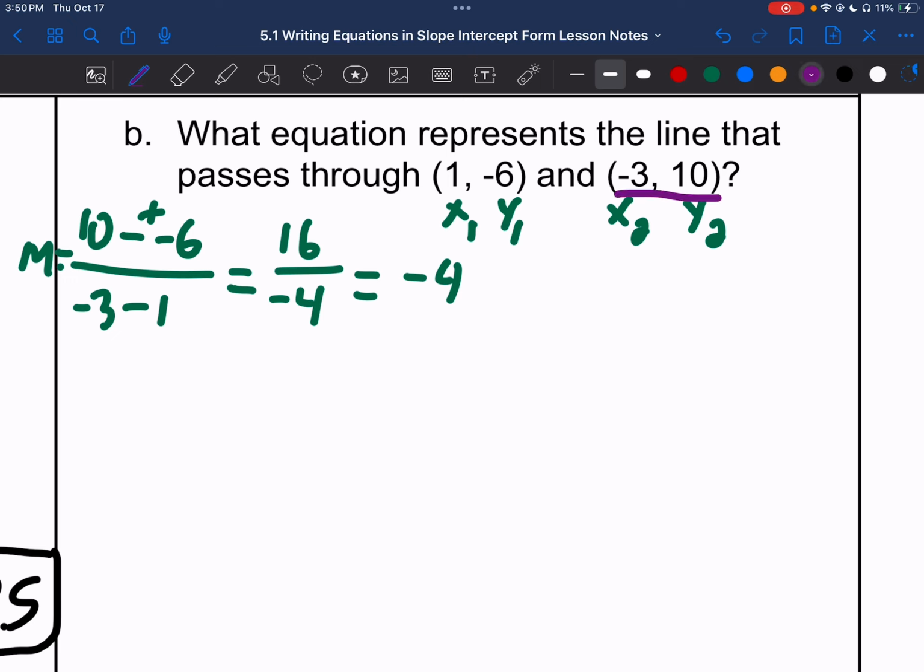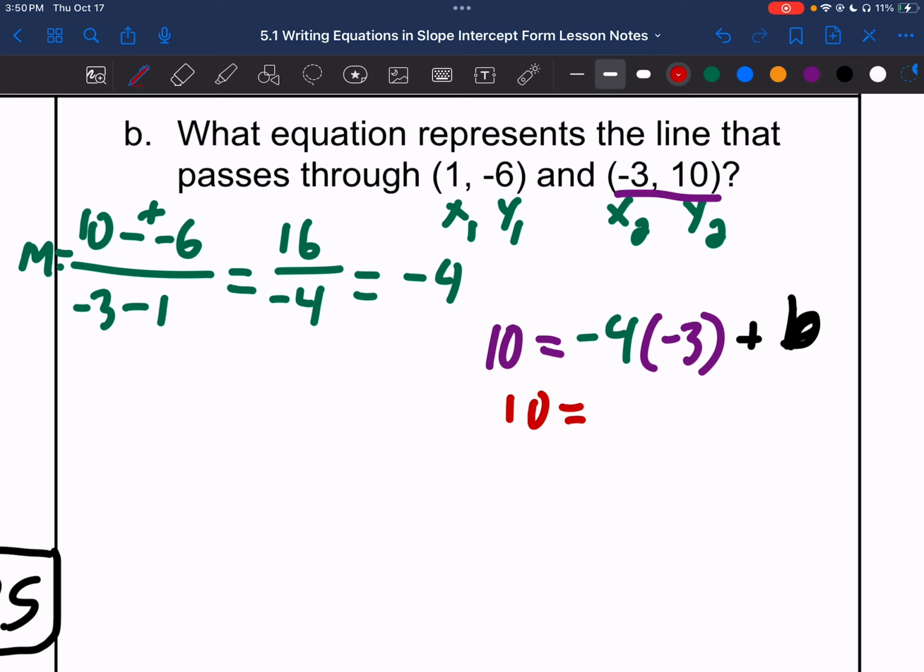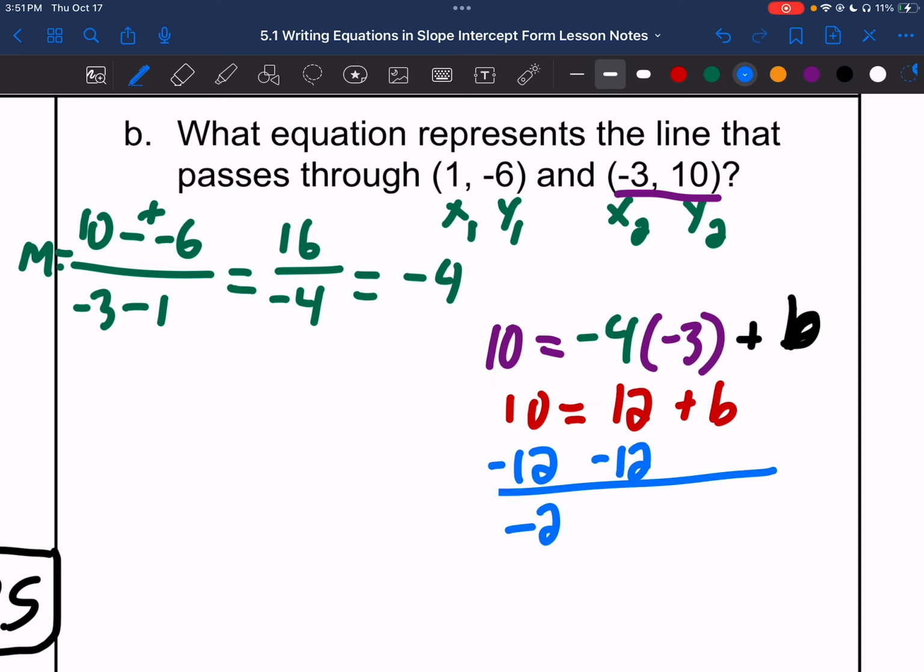So we have 10 is equal to -4 times -3 plus B. And our first step is to multiply. 10 is equal to -4 times -3 is positive 12 plus B. And then we're going to subtract 12 from both sides, and we get -2 is equal to B. So my equation is y equals -4x minus 2.